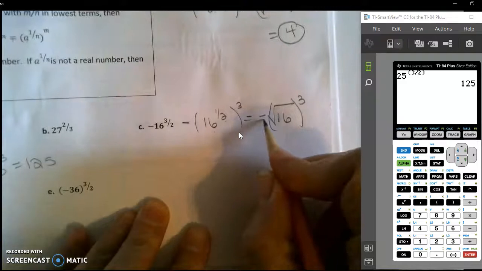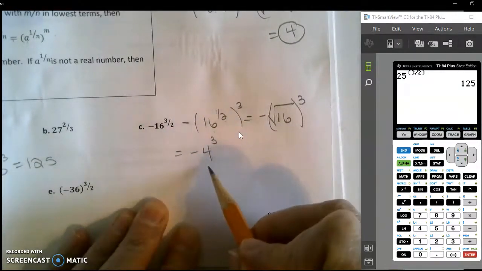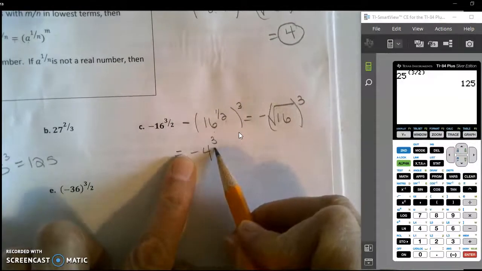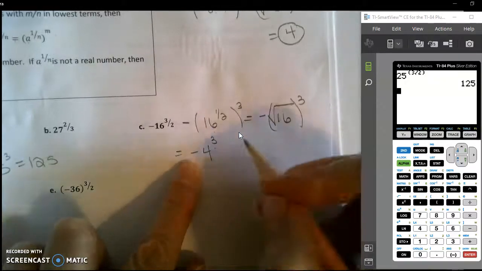Again, the negative is still on the outside. And then I want to find 4 cubed, and again, the whole thing is negative because the negative's on the outside. 4 cubed is 64, so this becomes negative 64.